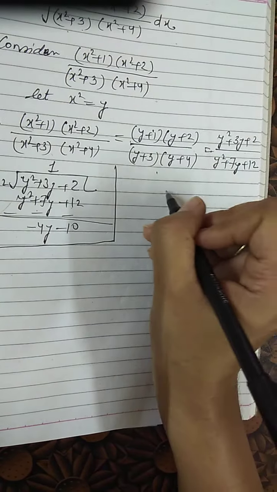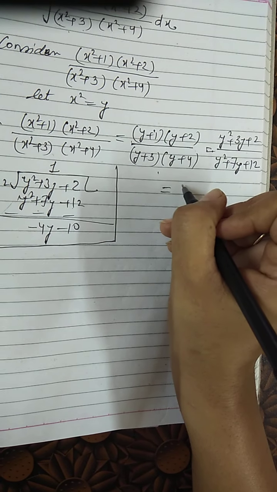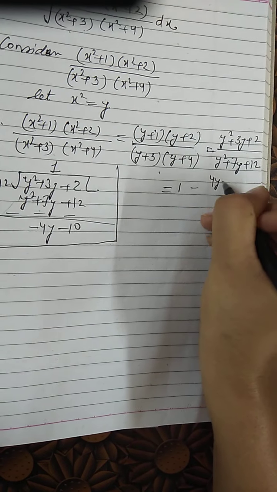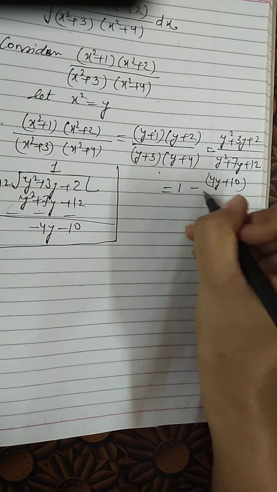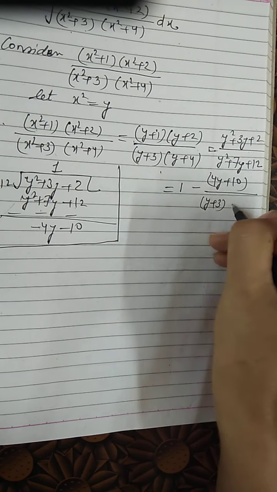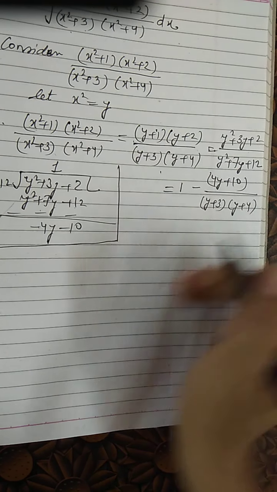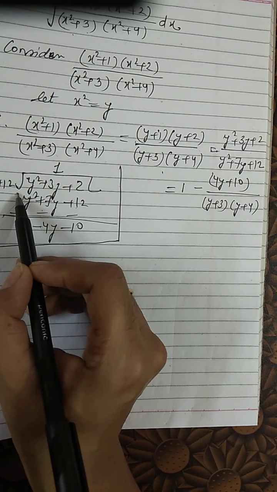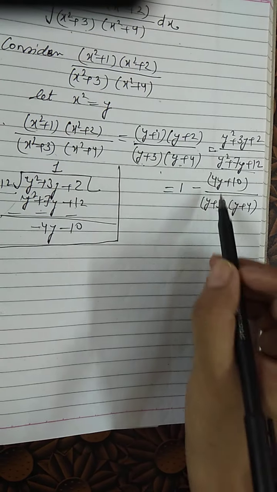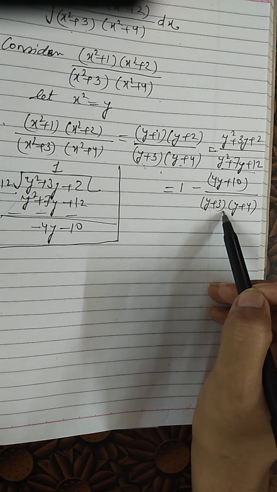So this thing further we will write as 1 minus, if I take the minus sign common, it will be 4y plus 10 divided by the same denominator, that is y plus 3, y plus 4. Either you write down this quadratic, and this quadratic is nothing else but the product of these two terms. So directly I have written these two terms here.